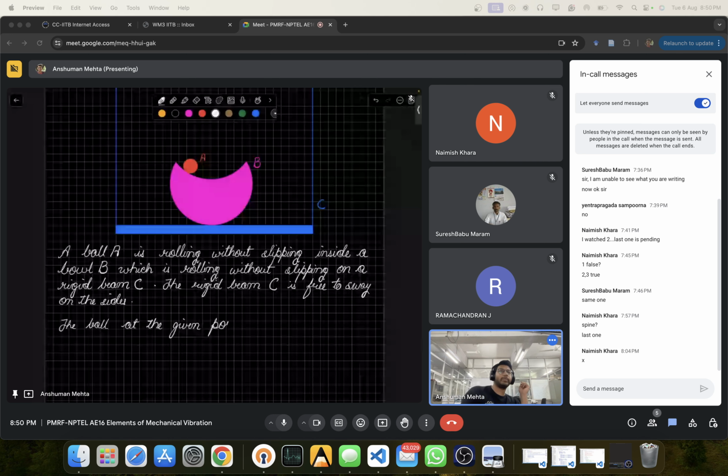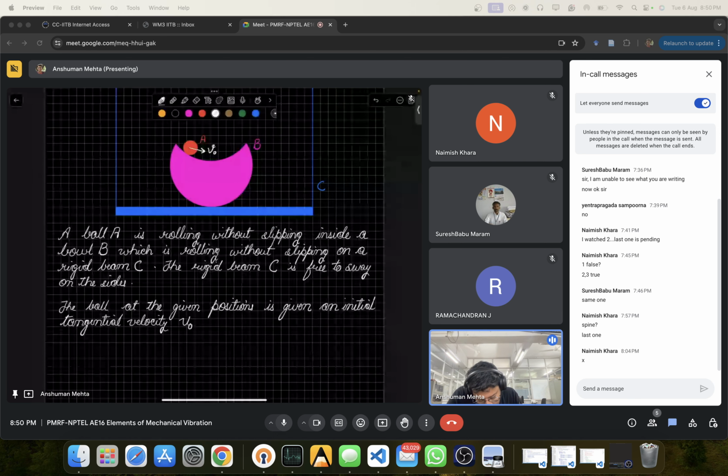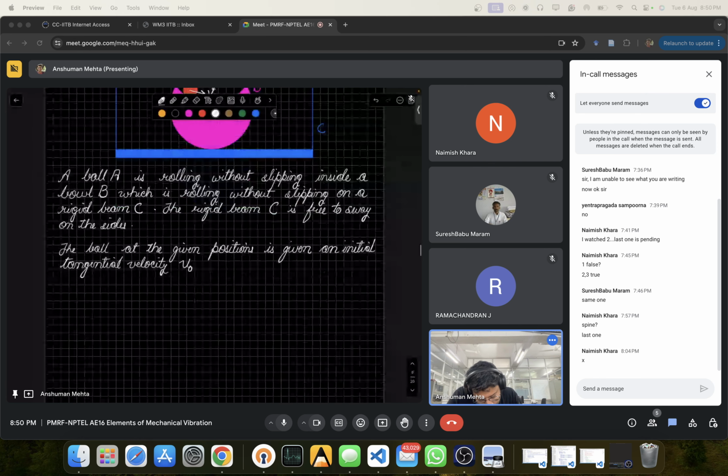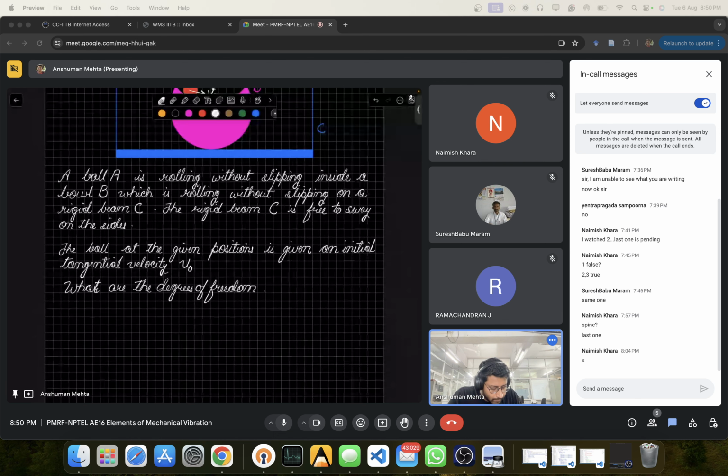Now the question is, what are the degrees of freedom required to describe the motion of the ball?